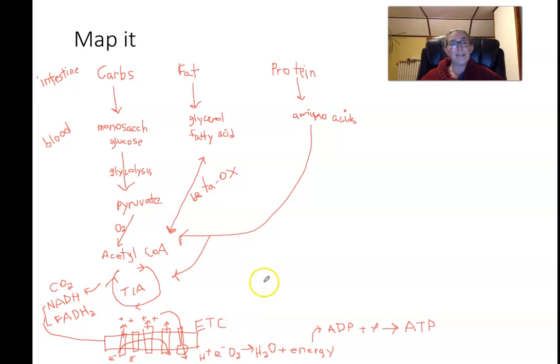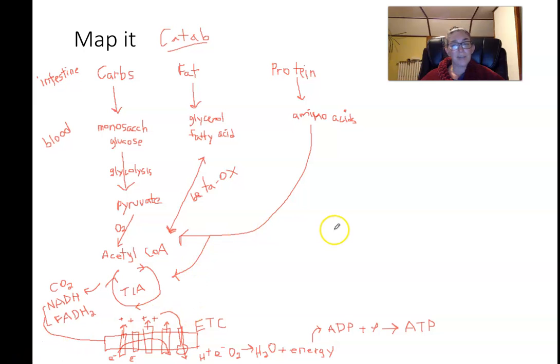All right, so this is really what I've mapped out here primarily is catabolism. Catabolism is all of these reactions that go sort of down, the down arrows. But we also have anabolic reactions.